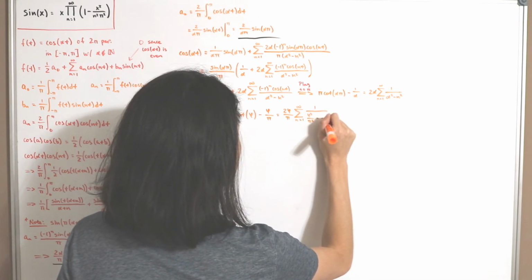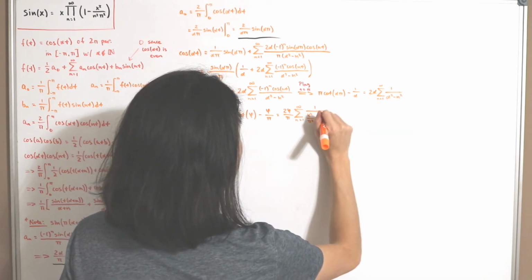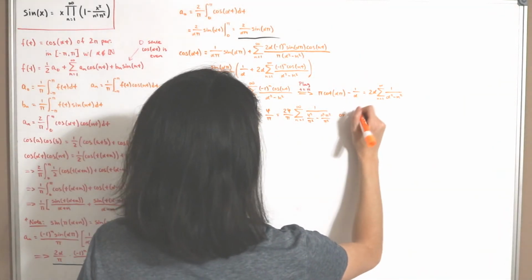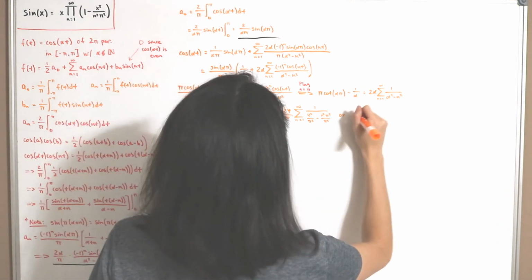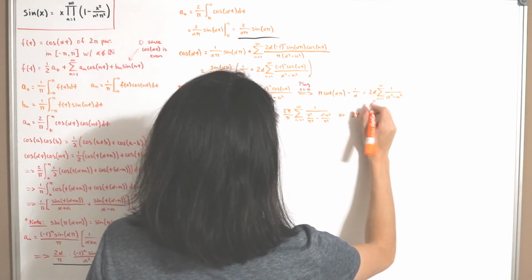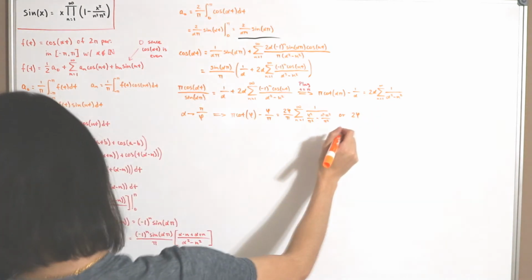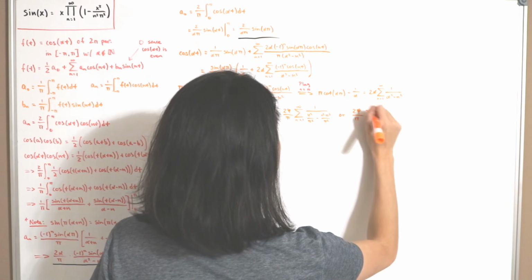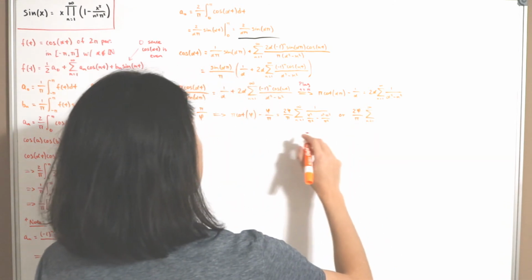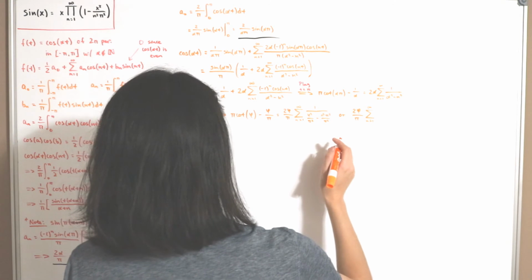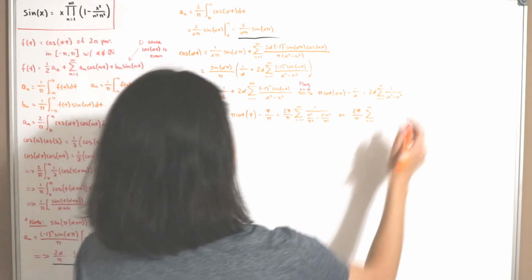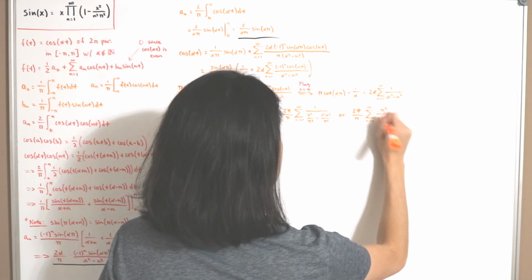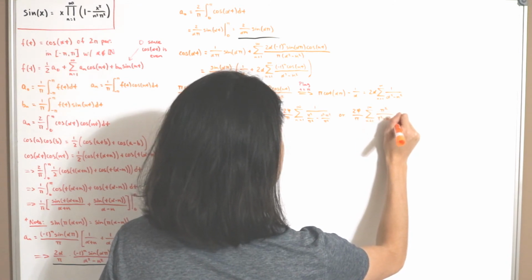So pi squared minus n squared, or rather, this is actually the same thing as 2 phi divided by pi, then our infinite series, and we're basically just flipping the reciprocal. So that means pi squared goes on the top, and then phi squared minus n squared pi squared on the bottom.